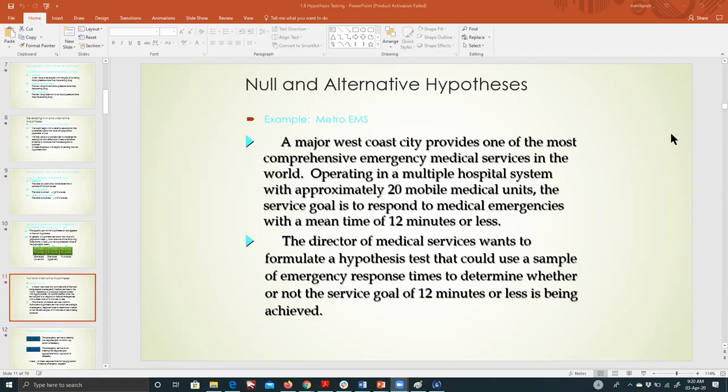So can you tell me which kind of tail problem it is? One tail, two tail? If one tail, then is it the lower one or the upper one? The lower one tail. How? Because it should be less, it cannot exceed that.